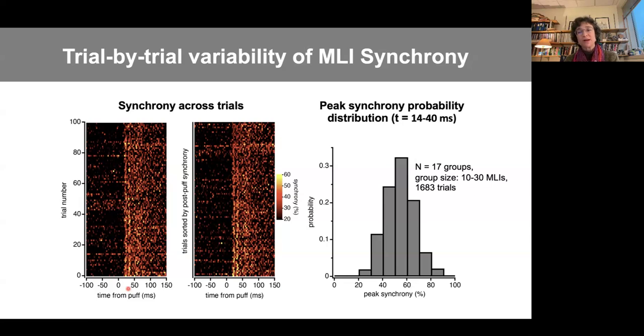The answer that Spencer has is yes, that there are circumstances when Purkinje cells will simultaneously shut off, probably because of molecular layer interneuron input, and that can lead to a very large response in the cerebellar nuclei. From that point of view, that's the level at which we were defining synchrony.